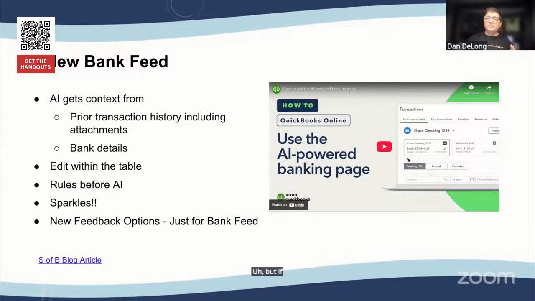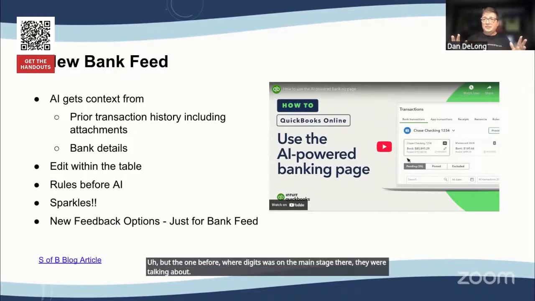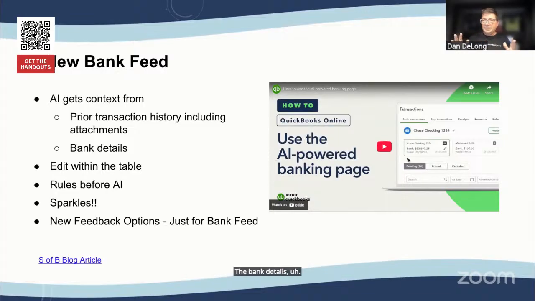But as we saw, I think it was not this last scaling but the one before, where Digits was on the main stage, they were talking about the bank details, especially in an ACH environment. There's only so many characters.